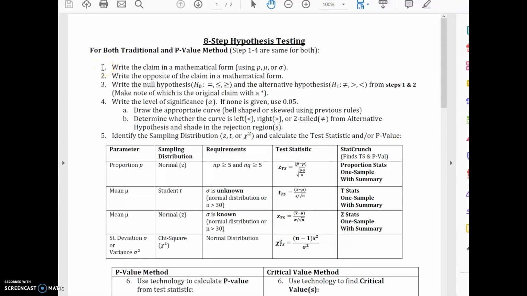You're going to write the claim, write the opposite of the claim, and then identify the null and the alternative hypothesis, and then use the level of significance and the curve and figure out if it's left, right, or two-tailed. And then step 5 is where you calculate the test statistic using either these formulas or your technology. So let's go back.